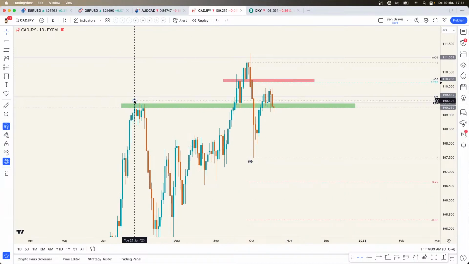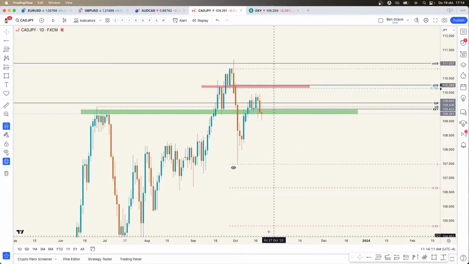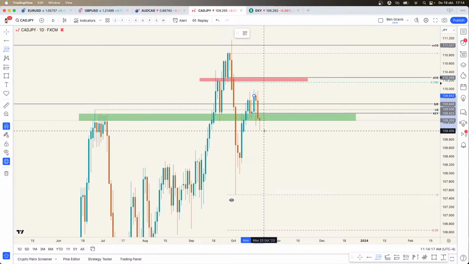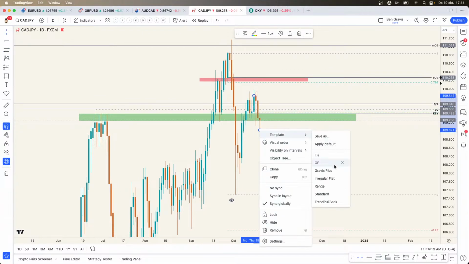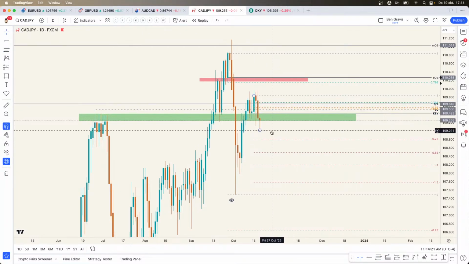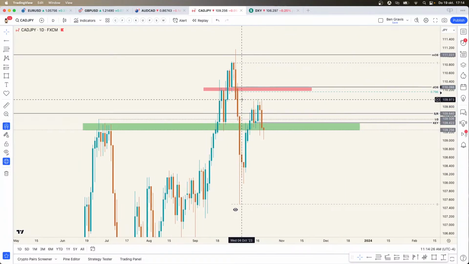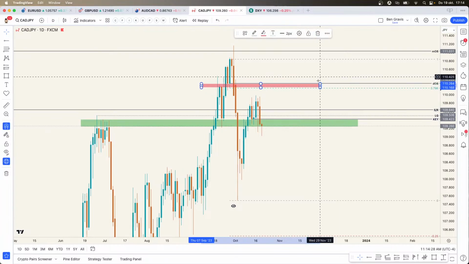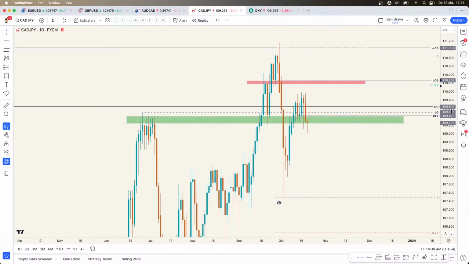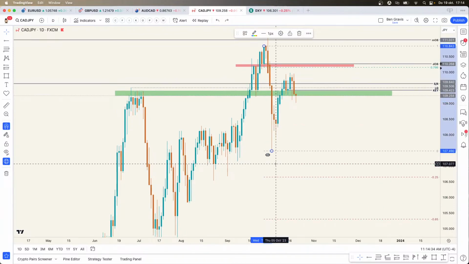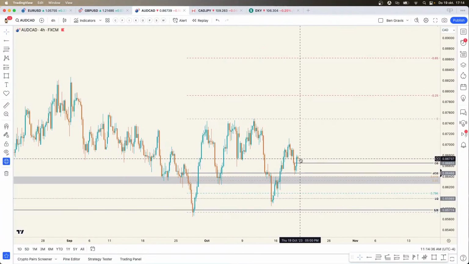We are currently below this liquidity level. We have a break in market structure on the daily chart. So this really has all the ingredients for a move lower. Having this weekly daily order block here as well, but my target would be lower as well. And that would align with Australian dollar Canadian that moves higher.